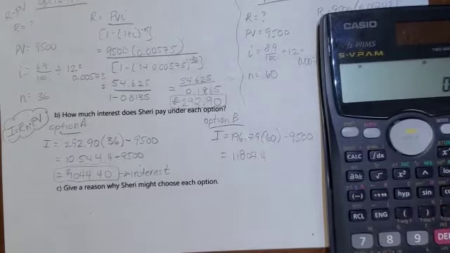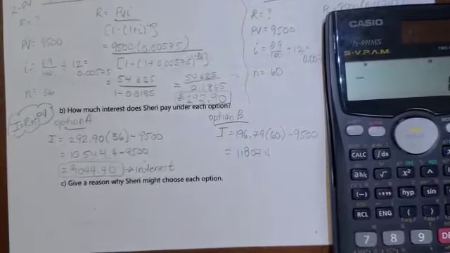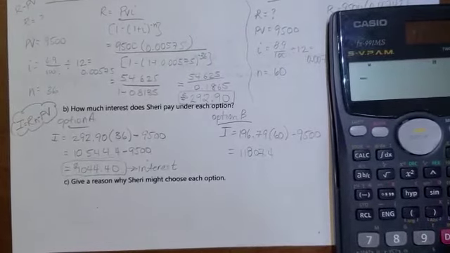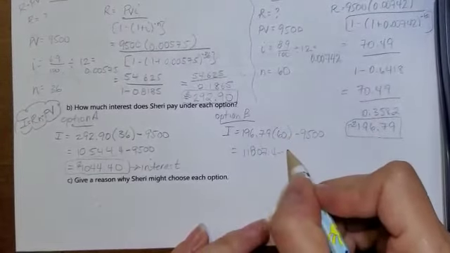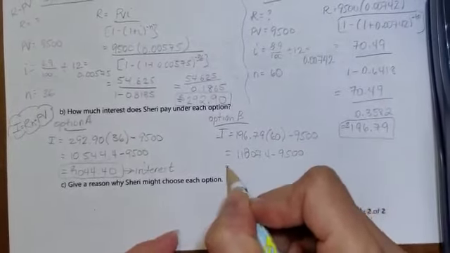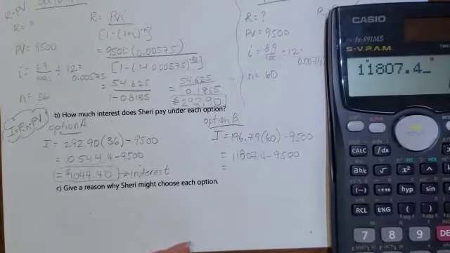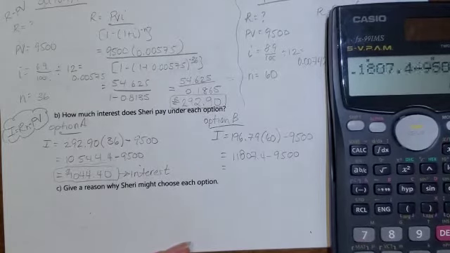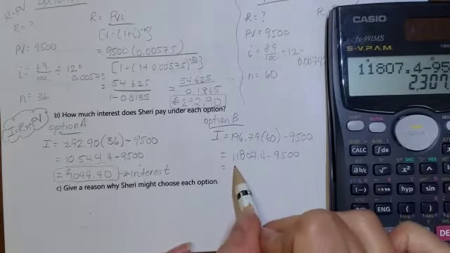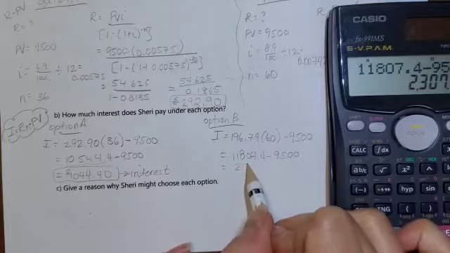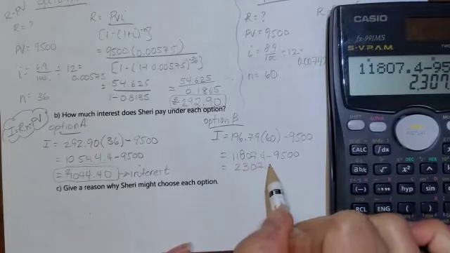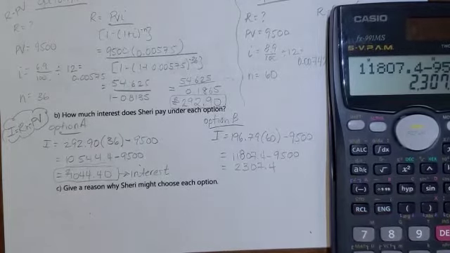So by the end of her 5-year loan, she would have paid $11,807.40. And then we would have to subtract by the amount of the original loan. Therefore, her interest paid in option B was $2,307.40.